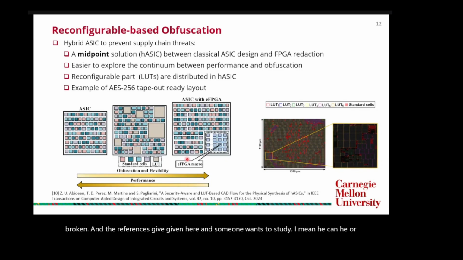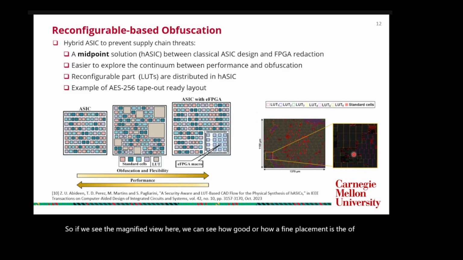Okay, so to give you an idea of how it looks in silicon, we have this layout of AES. In this case, 80% of the design is obfuscated. It means that 80% of the design is reconfigurable, and it has LUTs. If we see the magnified view here, we can see how fine the placement of the LUTs is.